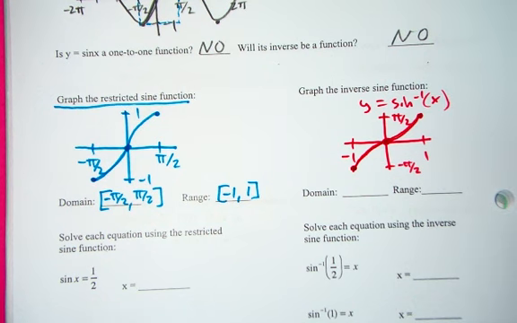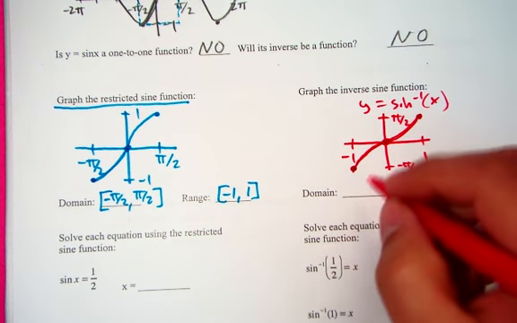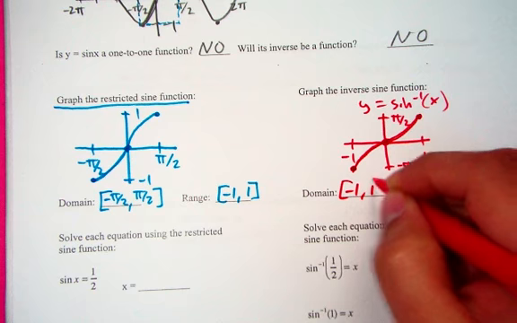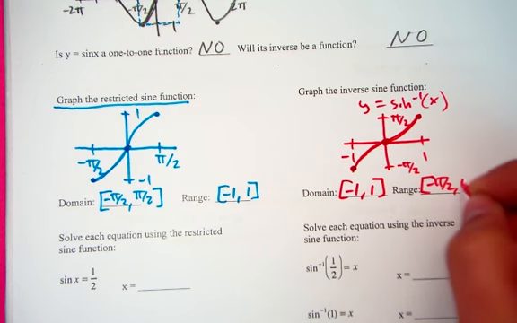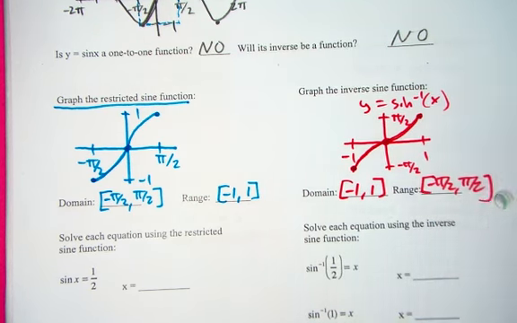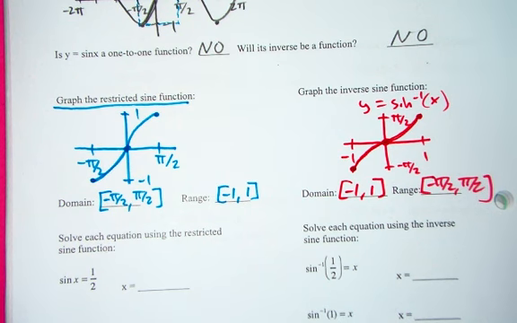So if it's going to be stuck between negative 1 and 1, you can kind of see what it needs to do as it gets there. Does that make sense? It wouldn't make sense to go that way, because then that means it would keep going, which for the inverse it wouldn't. Okay? So the domain here is negative 1 to 1, and the range is negative pi over 2 to pi over 2. So now you understand what your calculator does.